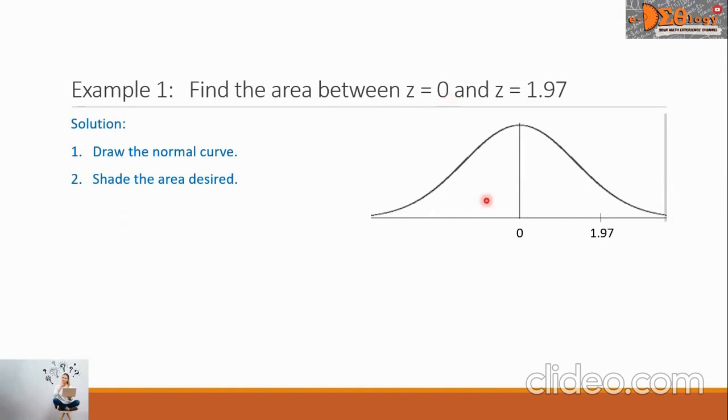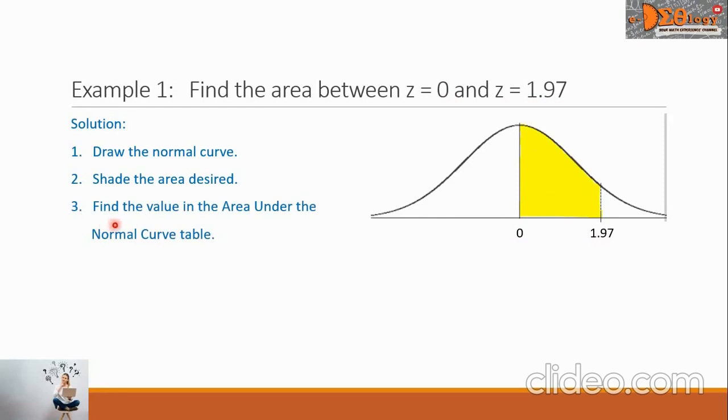Z equals 0 is the mean, which is at the center, and z equals 1.97. This value, being positive, must be on the right side of the mean. Let us shade the area from 0 to 1.97. Here we go.